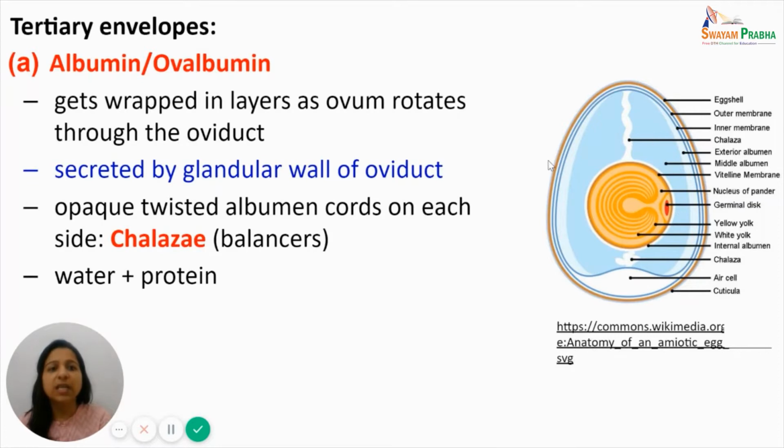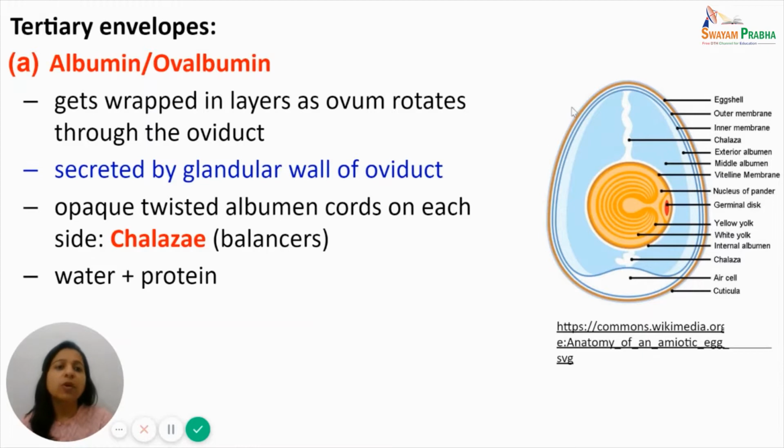These tertiary envelopes are laid by the oviduct as the ovum travels through it after getting fertilized. And after passing through the oviducts, the egg has to be laid by the hen to the outside. While the egg has to develop outside the body of the mother, it needs to have certain essential ingredients within itself which are stored in it.